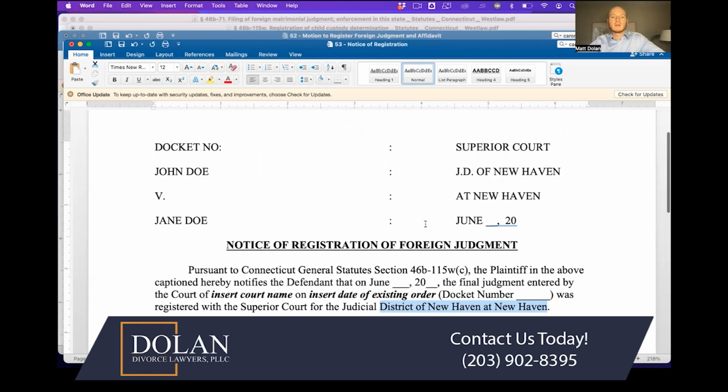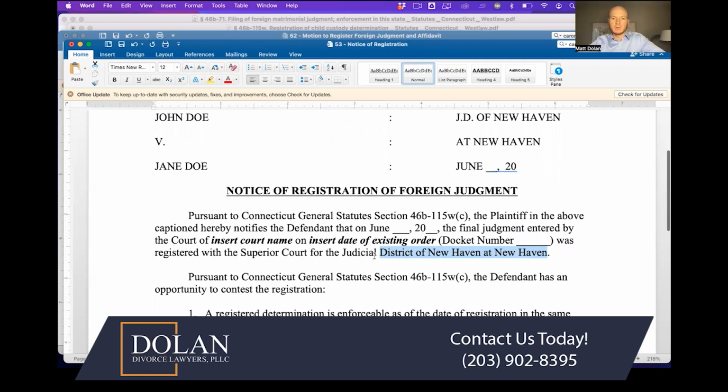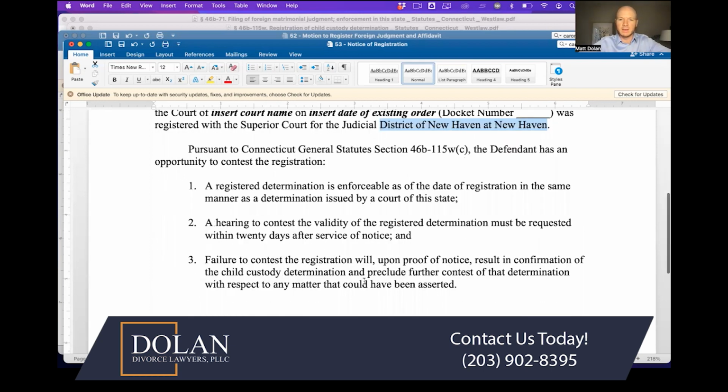So basically, you're going to serve that notice either by certified mail or by a process server, marshal, whatever the appropriate person is in the state where the other party lives.